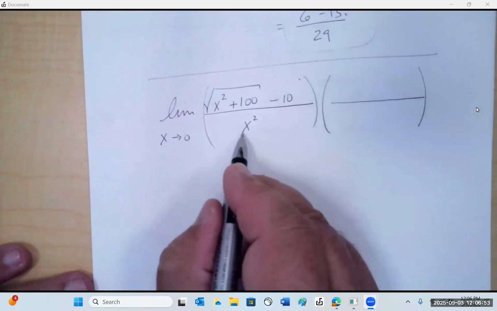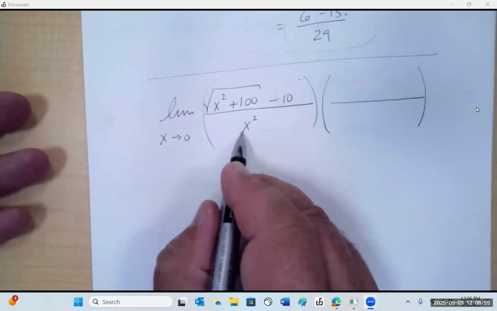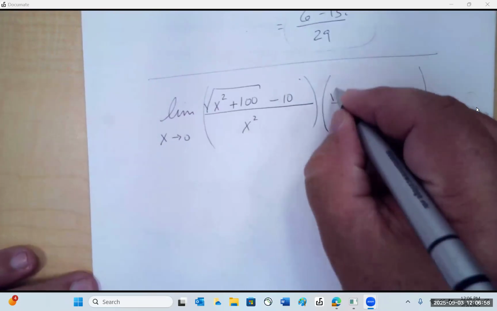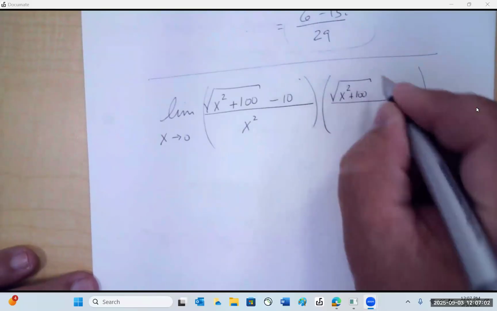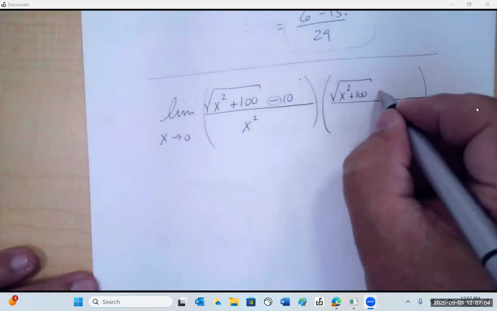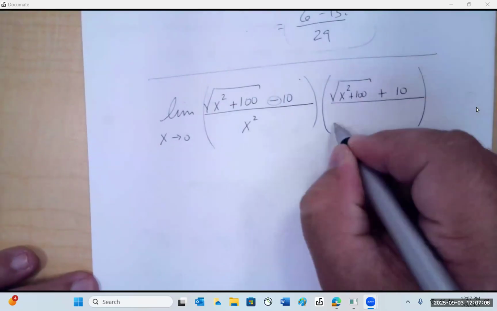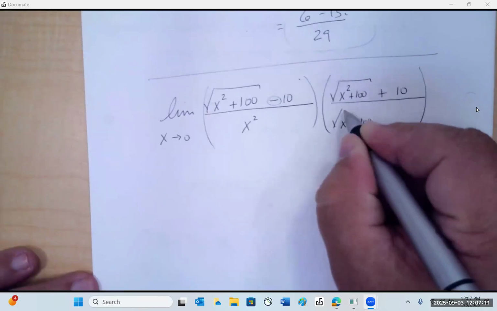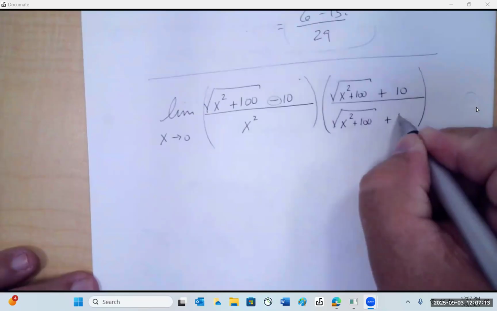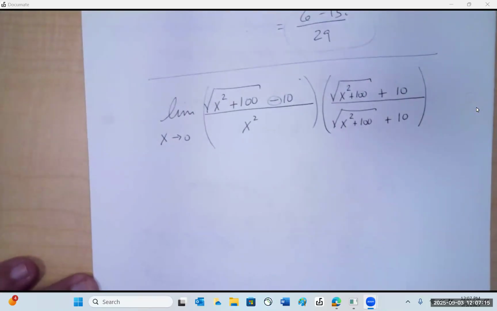Can you have a conjugate of x squared? No. The only thing you have a conjugate of is the radical. Since that's minus, we need a plus. So whenever you have radicals in it and you get 0 over 0, always look at conjugates.